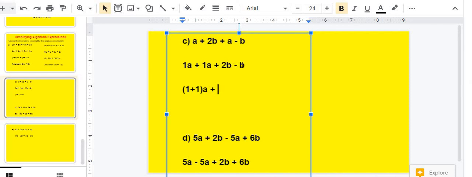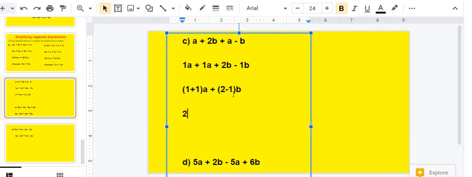That means we're going to be subtracting. And since there's no coefficient in front of this term, I'm going to put a coefficient of 1. Then we're going to go ahead and subtract their coefficients and keep the same variable. So that becomes 2 minus 1b. We're going to get 2a plus 2 minus 1 is 1, so we get 1b, or you can write just b.